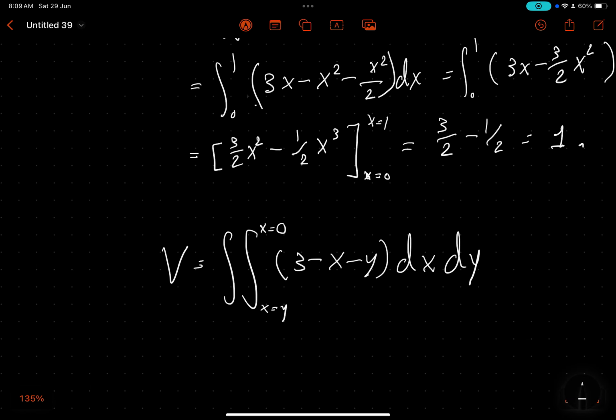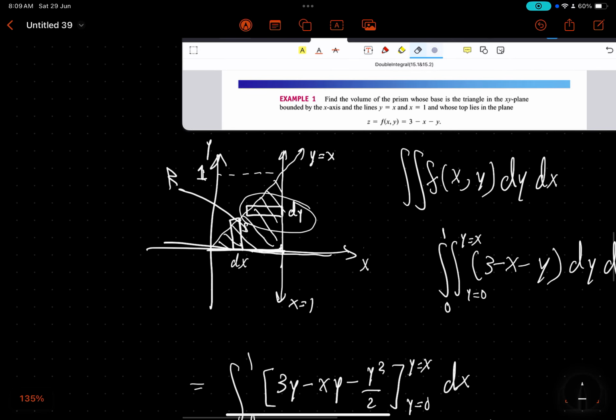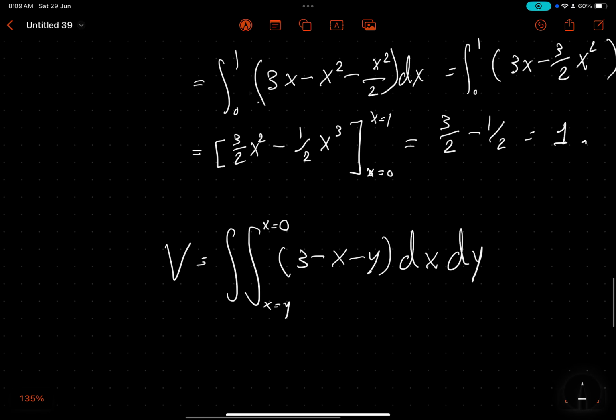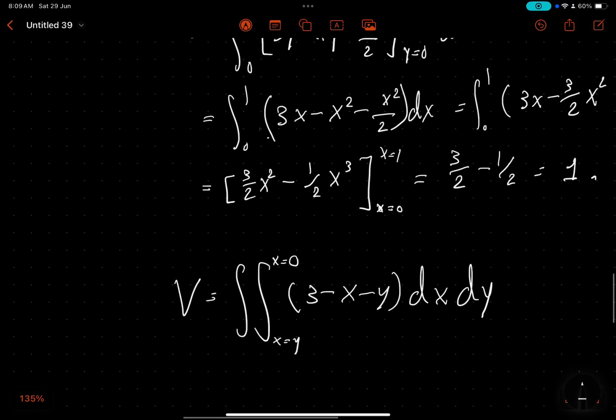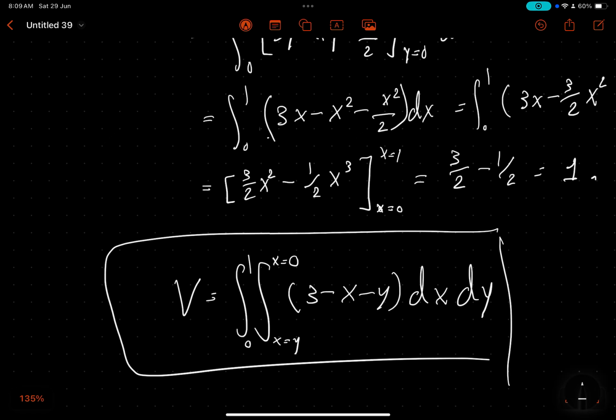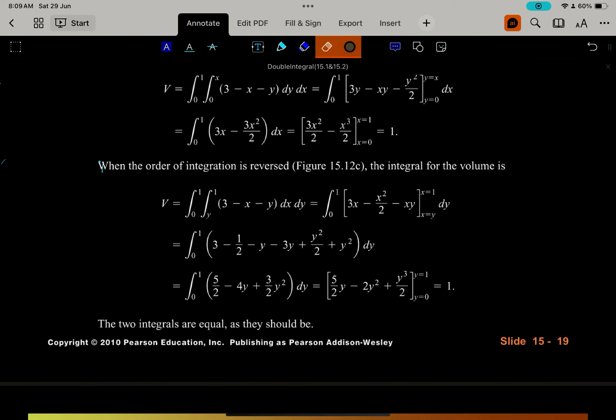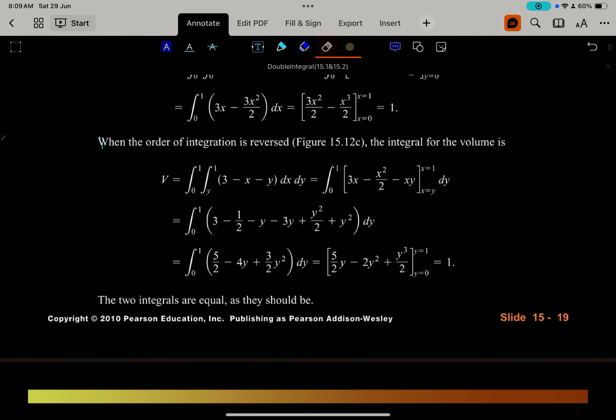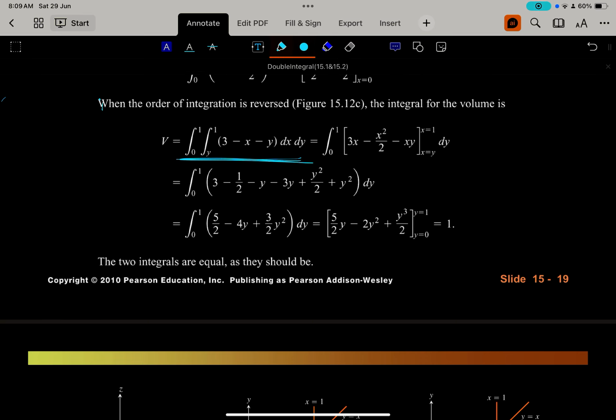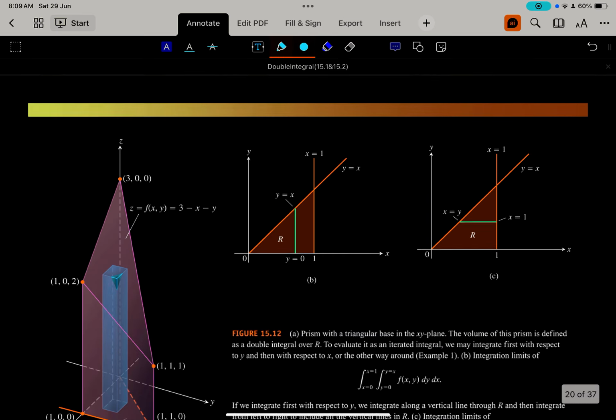Then for y, we go from 0 to 1. We can evaluate it from 0 to 1, and this will give us basically the same answer as our first integral. It's going to give us 1, and this is exactly what we got. As you can see, it's exactly the same integral. If you evaluate it, you're going to get the same value.